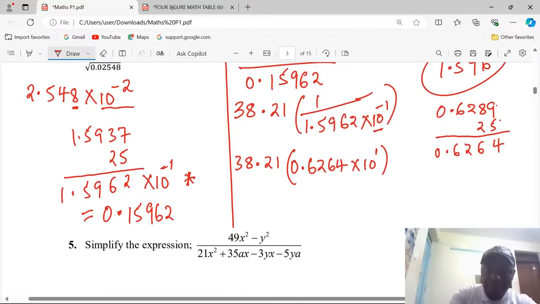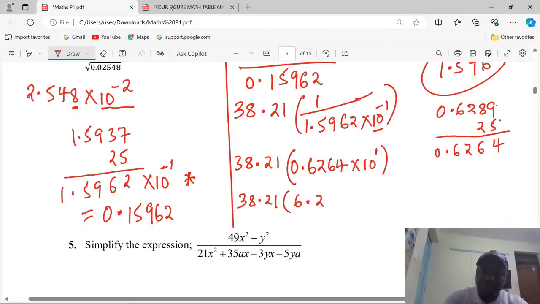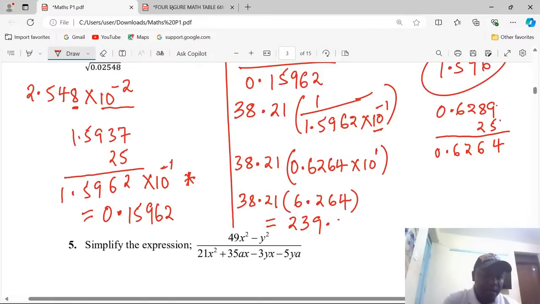We are winding up with this question, 38.21, then this is going to be 6.264. When we take 38.21 multiplied by 6.264, I'm getting 239.35.